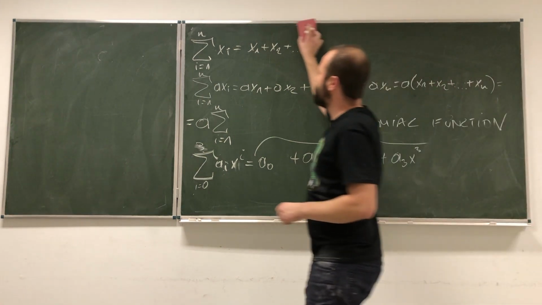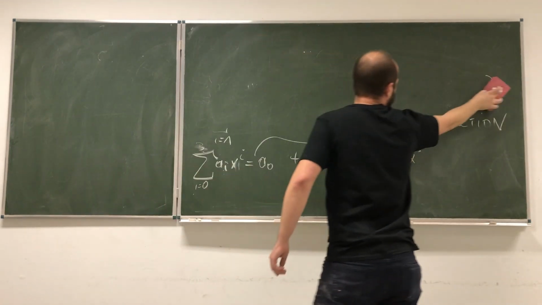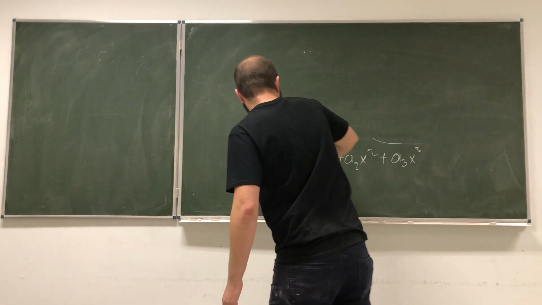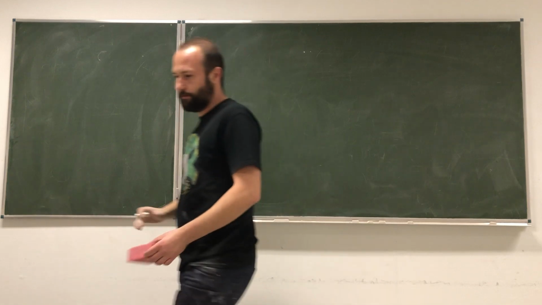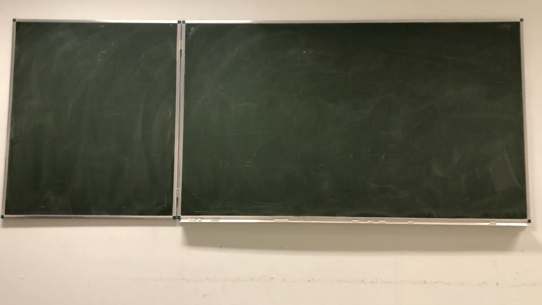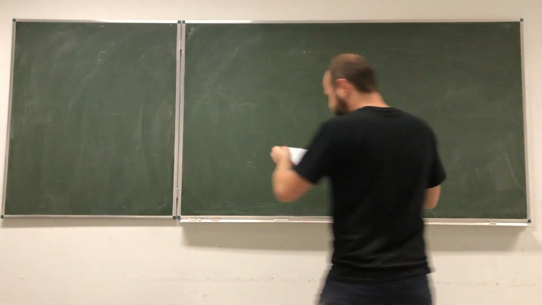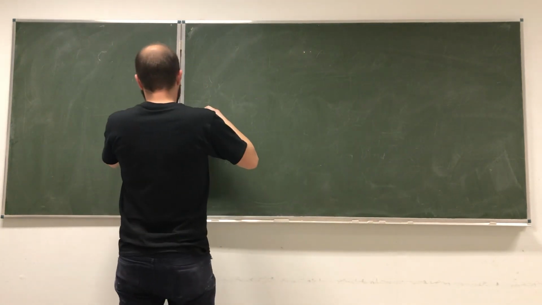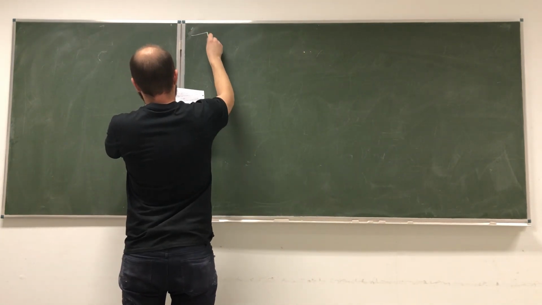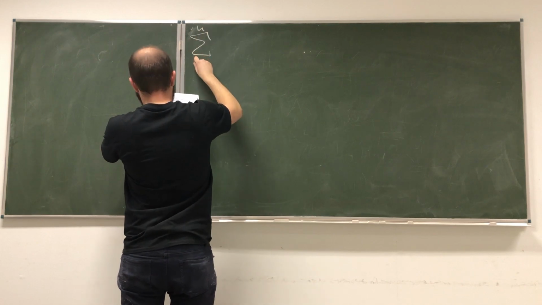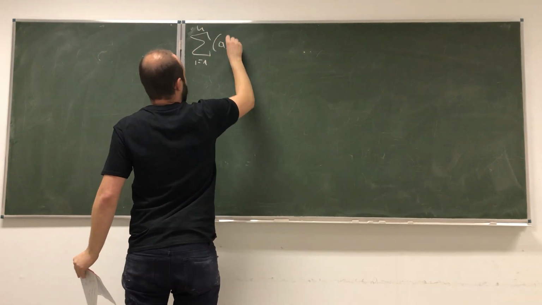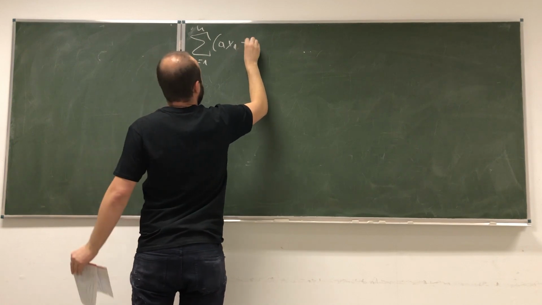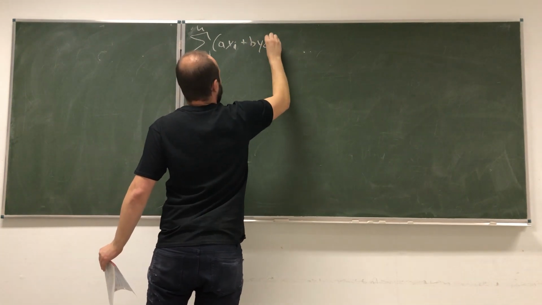Okay. Let's do just maybe one more example with the sum symbol. I think then we will be ready to use the sum symbol in order to define multiplication. Okay, let's just say that now we have the sum from i equals 1 to n of a x_i plus b y_i.